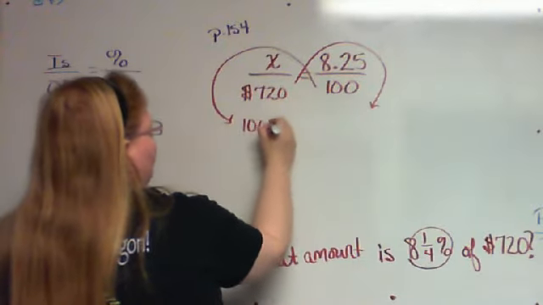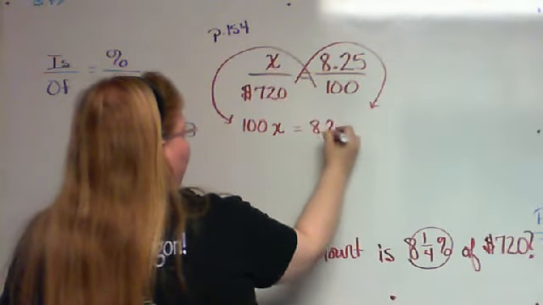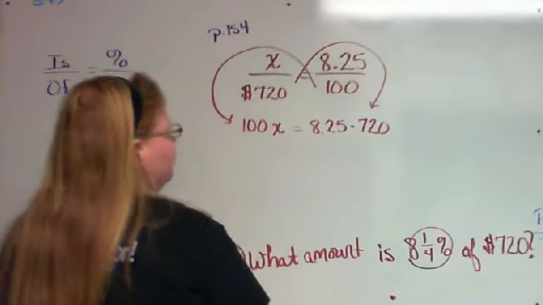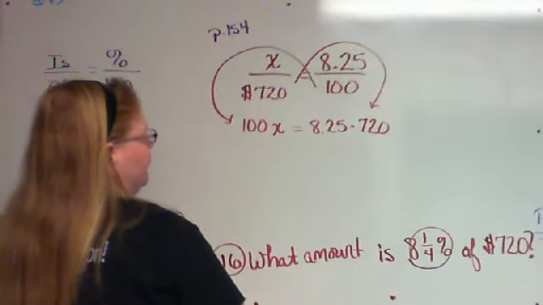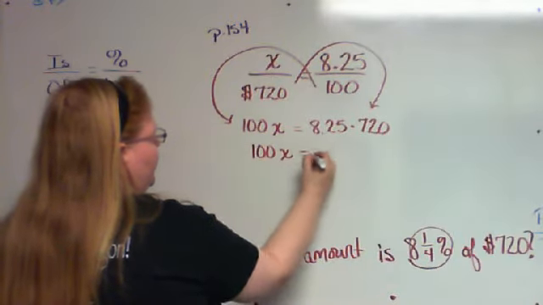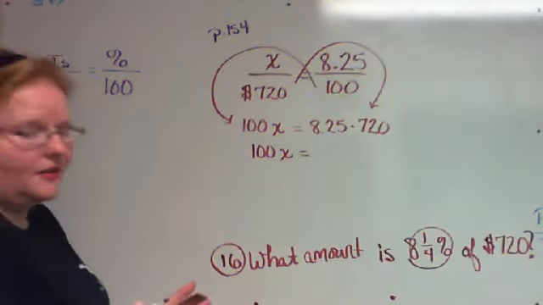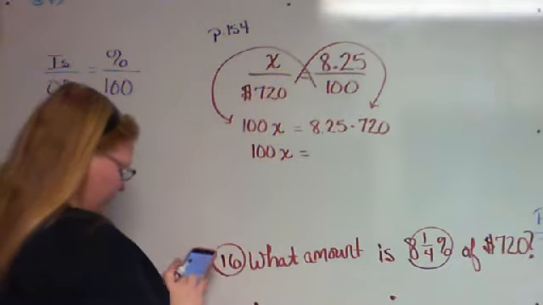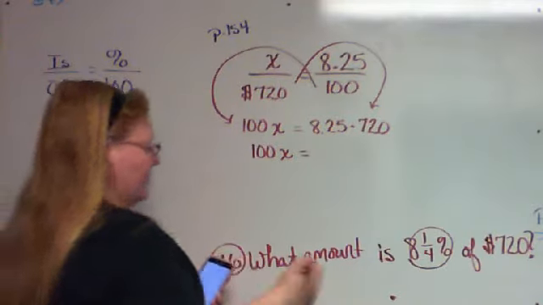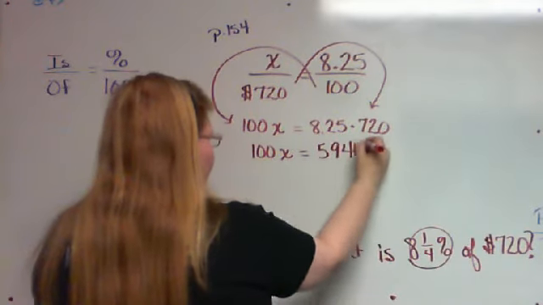So that gives me 100x is equal to 8.25 times 720. 100x equals, yeah, I need a calculator too. 5,940.